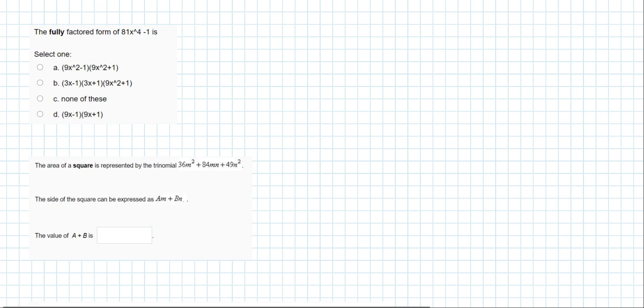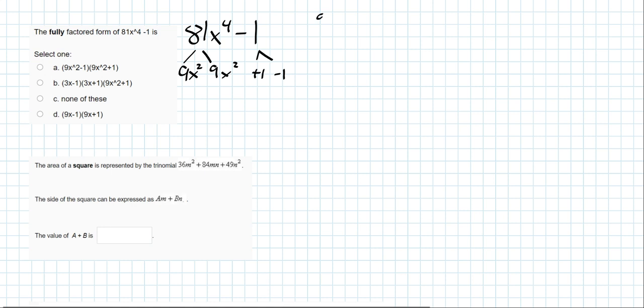For our second one, the fully factored form of 81x to the fourth minus 1. So here we have 81, we know is 9 squared, so we can break this into a 9 and a 9. And x to the fourth, well, that's x squared squared. And negative 1, we can break it into plus 1 times negative 1.